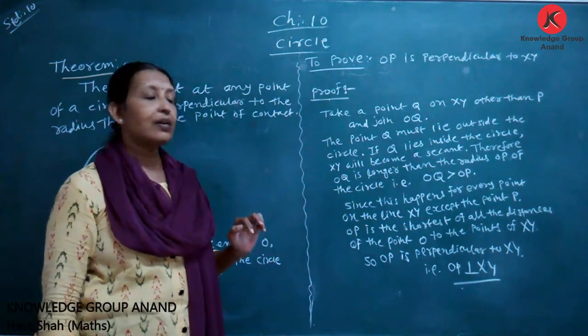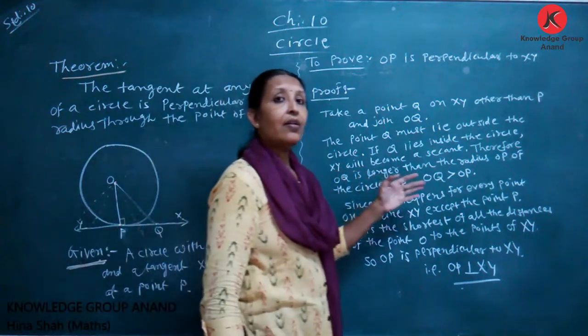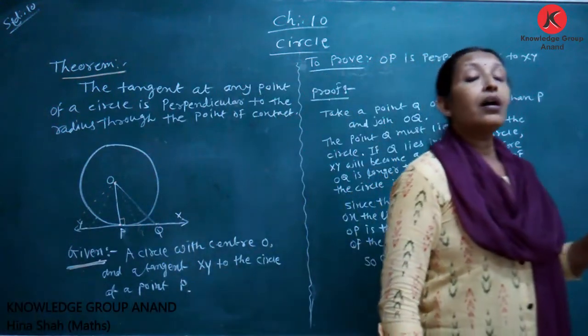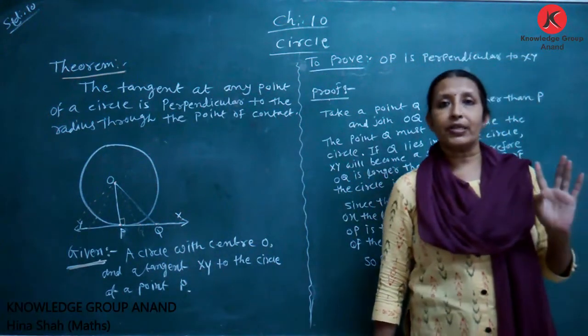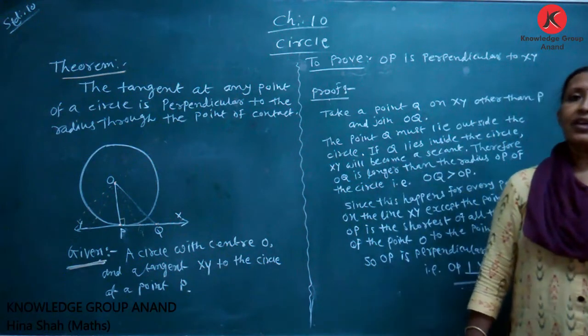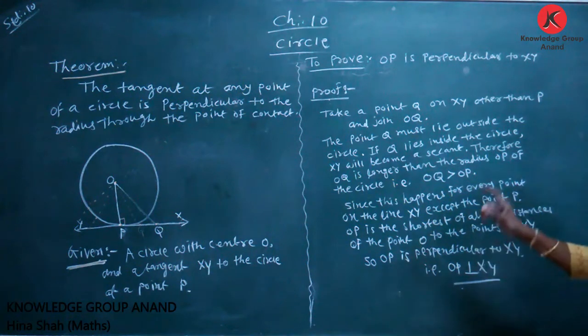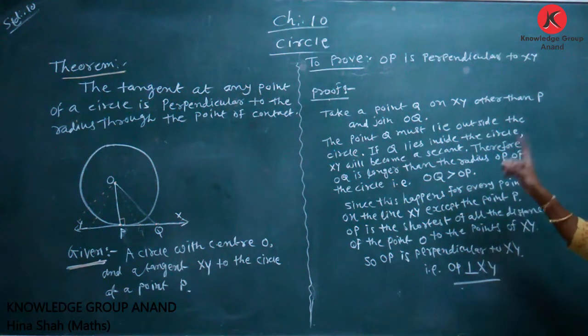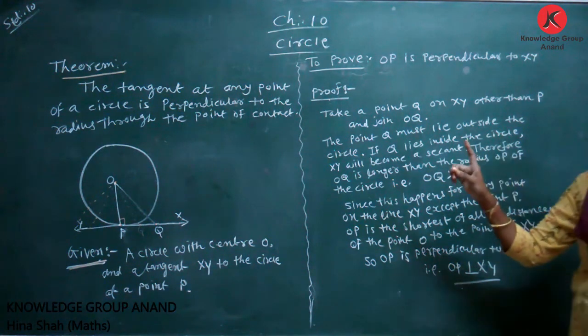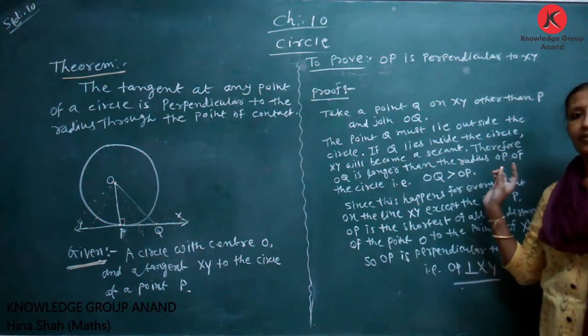What is a secant? A line that intersects the circle at two points is called a secant. A line segment whose both end points lie on the circle is called a chord.